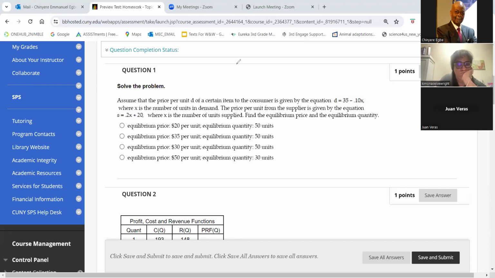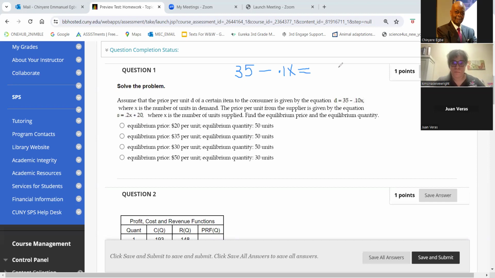Okay, so what we do here is we equate 35 minus 0.1x. And so the quantity that buyers want to buy is equal to the quantity that sellers want to sell.